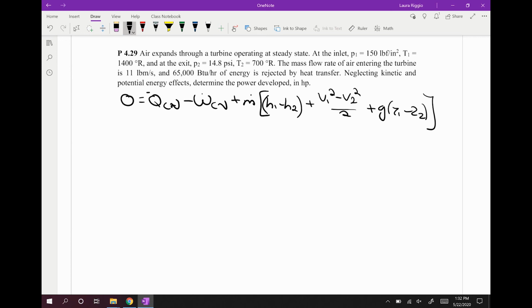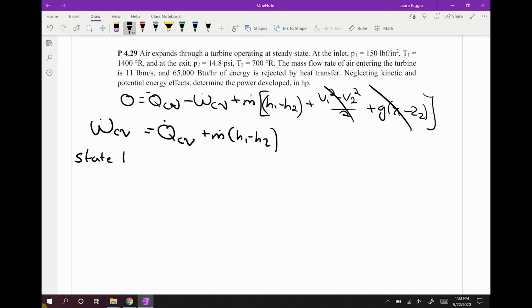We can neglect our kinetic and potential energy changes. So our work developed by the turbine is going to be equal to our heat transfer plus our change in enthalpy. State 1, P is equal to 150 psi and T is equal to 1400 degrees Rankine.